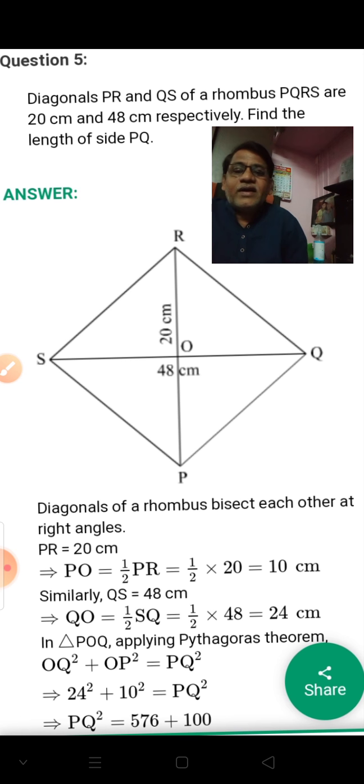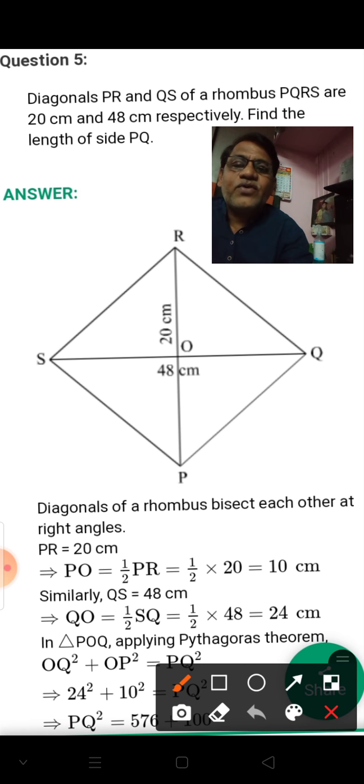So here, see, these two diagonals bisect each other perpendicularly, which means this angle is 90. Angle ROS is 90, SO is half of 48 and RO is half of 20, right? So the diagonals of a rhombus bisect each other at right angle. PR is equal to 20 centimeter.